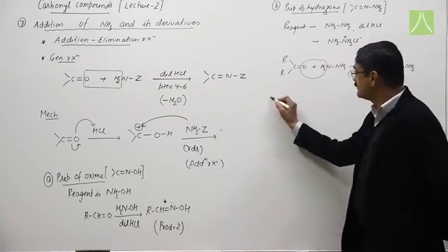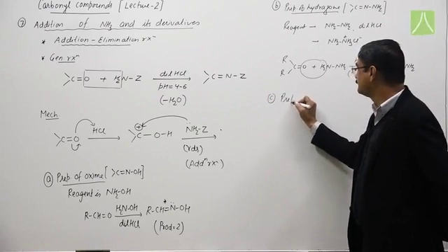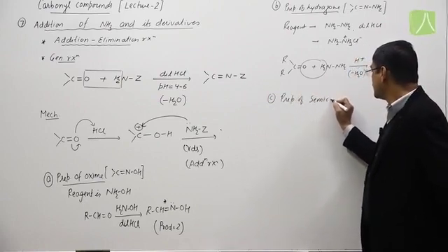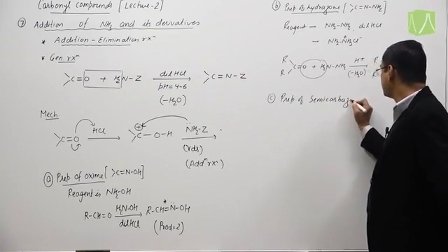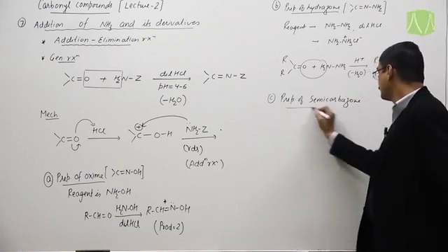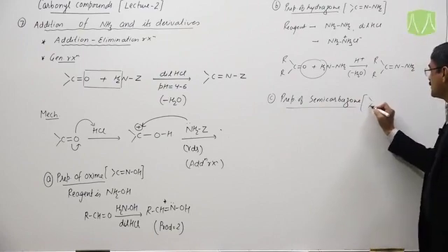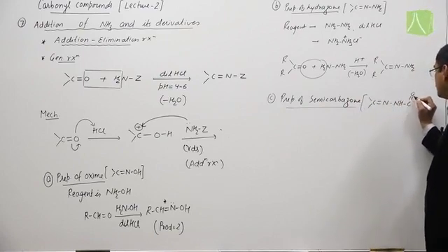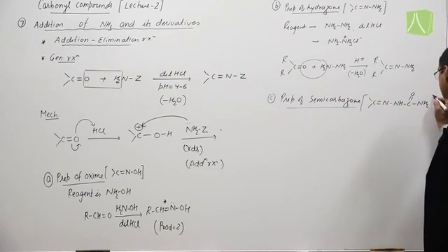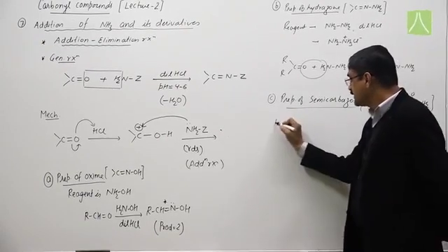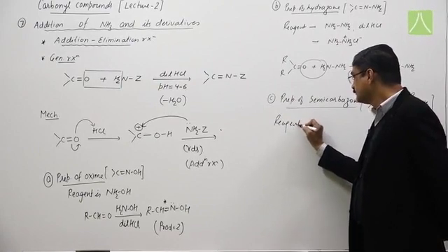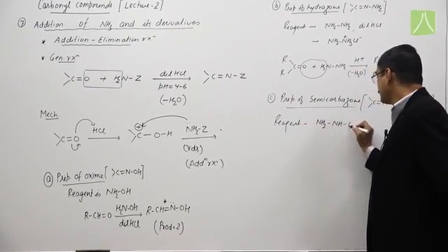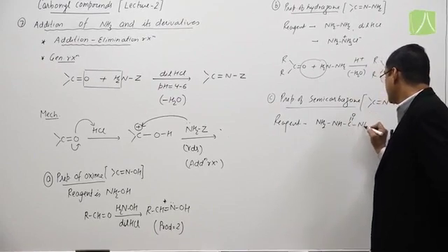Now next one is preparation of semicarbazone. Semicarbazone is C double bond N NHCO NH2. The reagent is NH2 NHCO NH2.